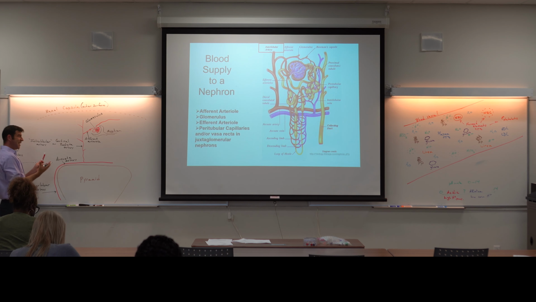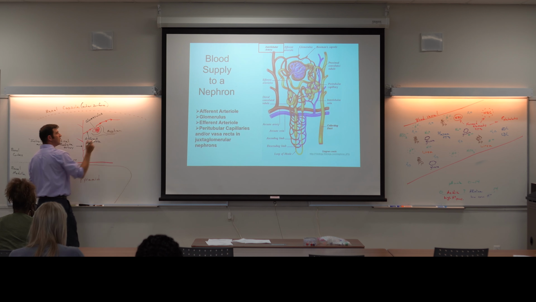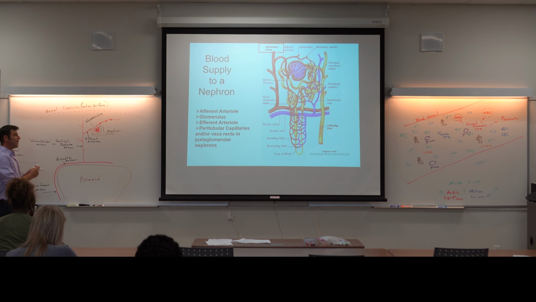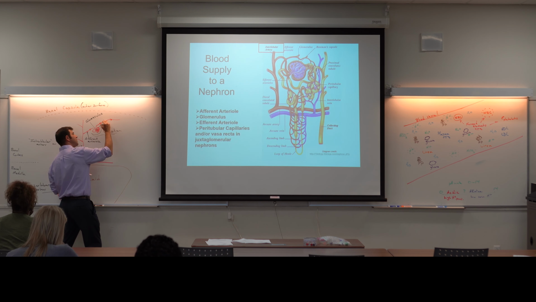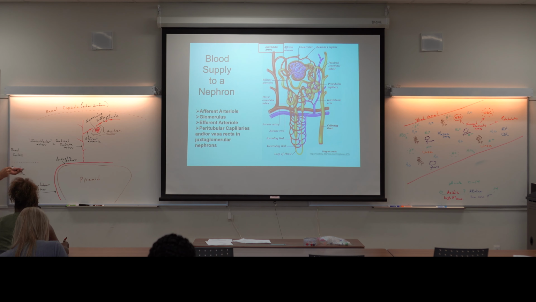So glomerulus is that tangled capillary bed that the nephron is wrapping around. And then we can see blood moving away from this glomerulus by way of what we're going to call the efferent arteriole. Let me see if I can squeeze that in right here. So efferent arteriole takes us away from that glomerulus.